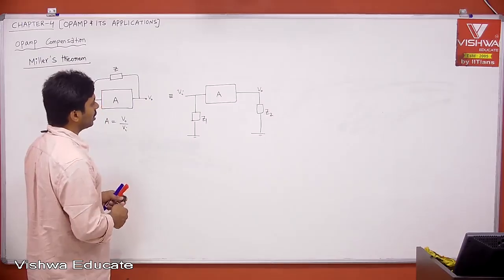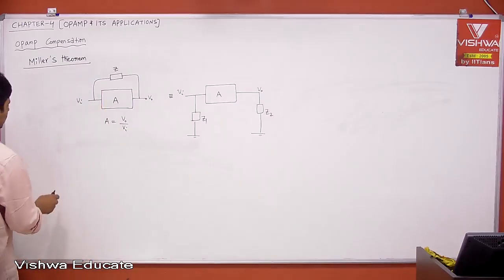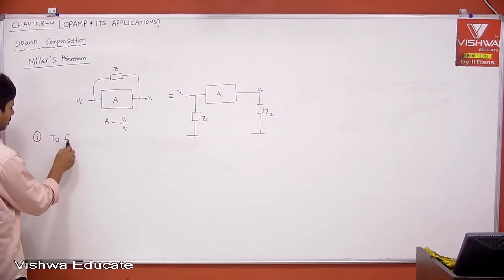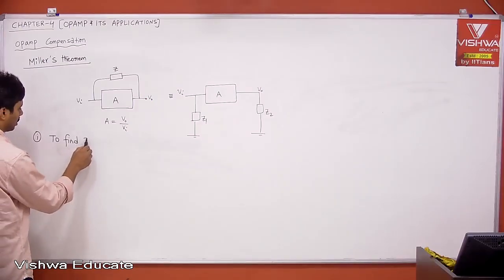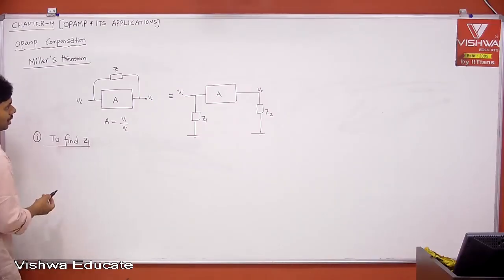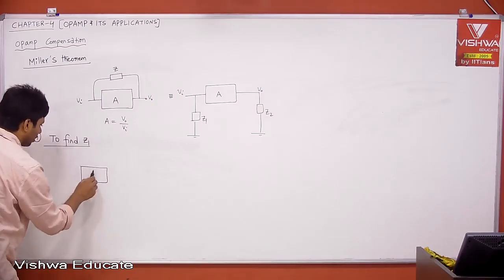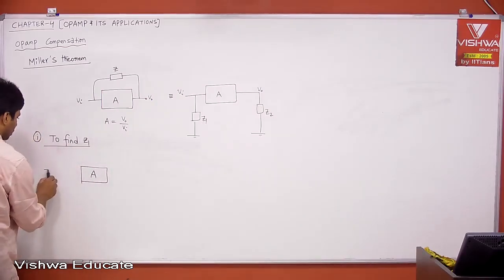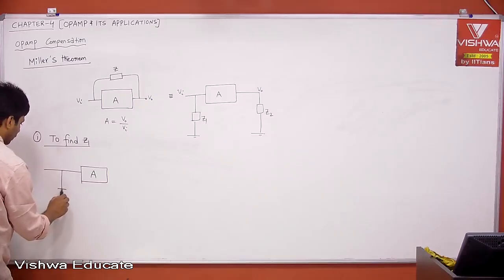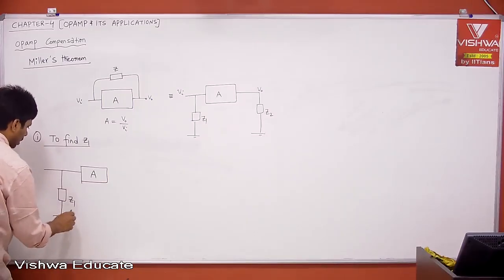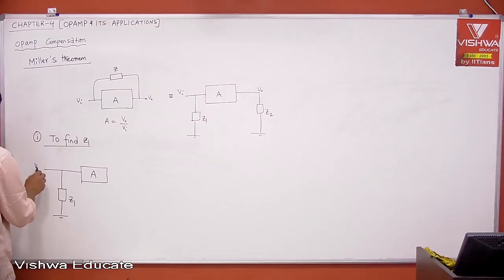To find Z1, if I take only the input part, this is nothing but your amplifier A. Now, this is your Z1, and this is your Vi.